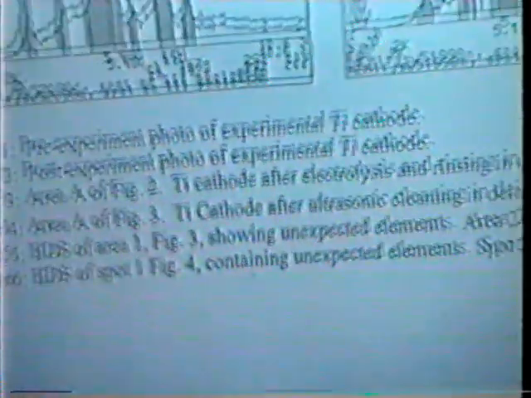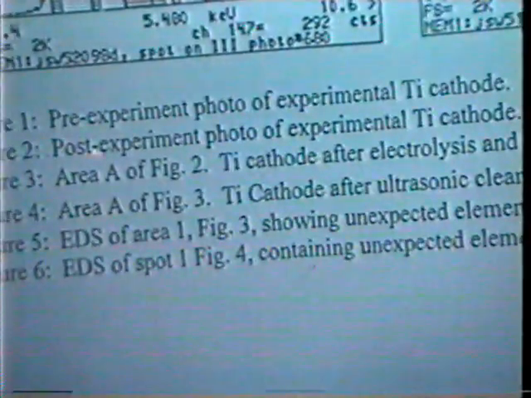Area 1 shows these elements: in addition to titanium, a big iron peak, chromium, potassium, and sulfur. The only element among these that we are sure was present ahead of time is sulfur. So what we think is that sulfur comes from the electrolyte, and it occurs in hot spots.